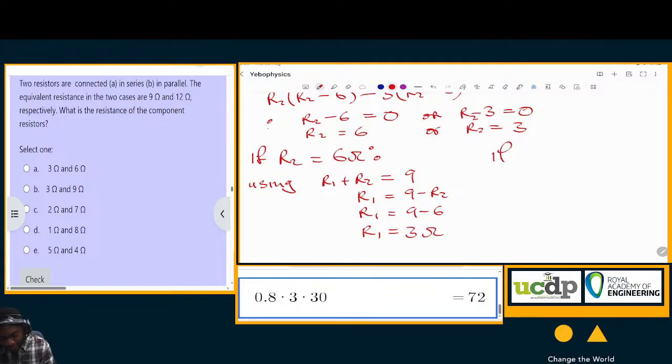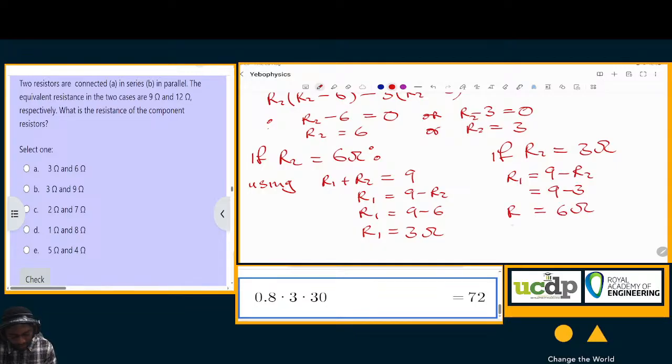Then if R2 is equal to 3 ohms, because we said R2 can either be 6 or 3, therefore R1 would be equal to 9 minus 3, which is going to be 6 ohms. So R1 can also either be 3 ohms or 6 ohms.